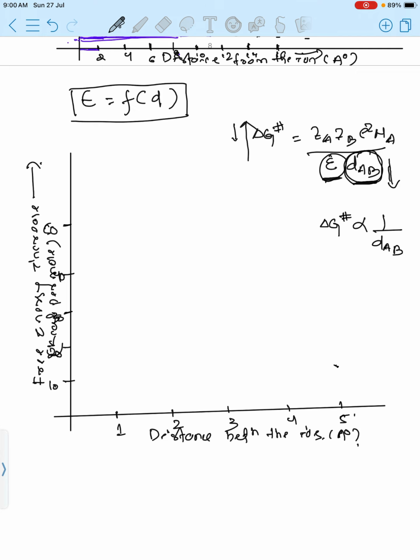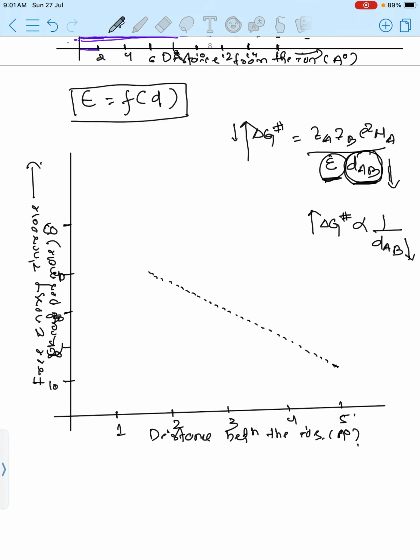So when the distance between the two ions decreases, the free energy of activation increases. So I can write the plot will look like this. There will be a linear plot as there is no variation in the dielectric constant, and at last we can assume that it will touch and cut the y-axis.